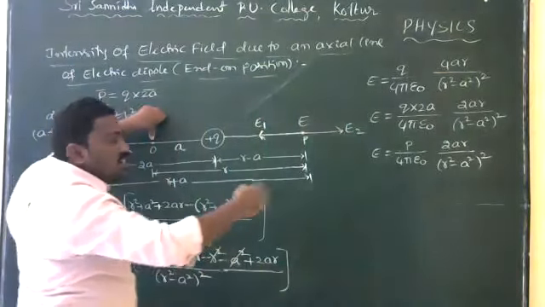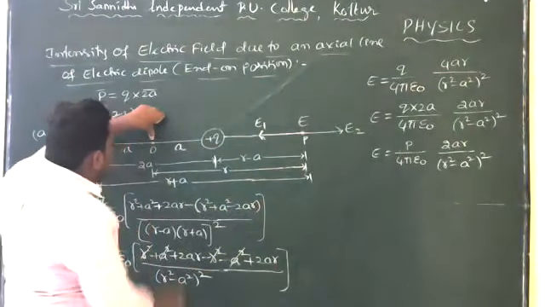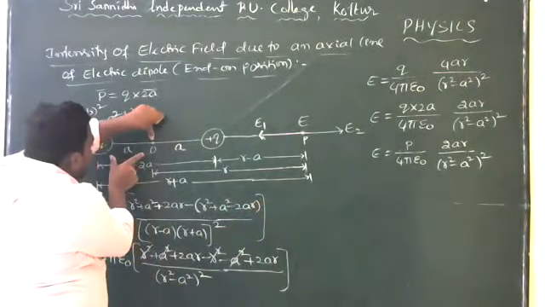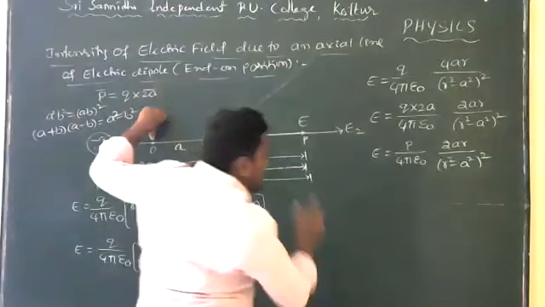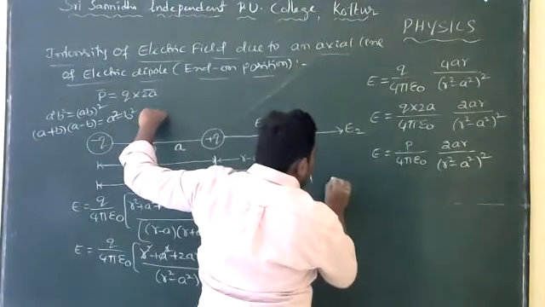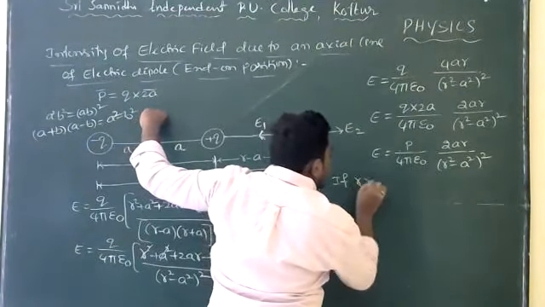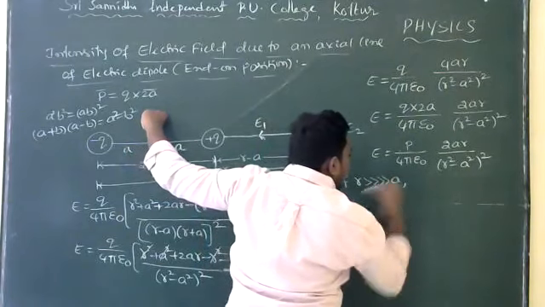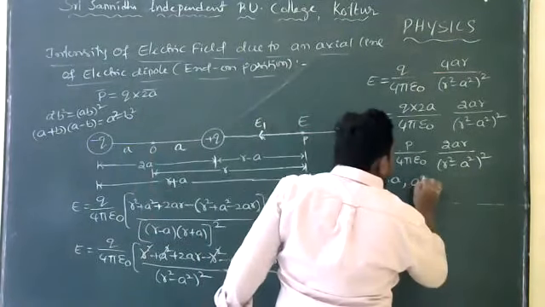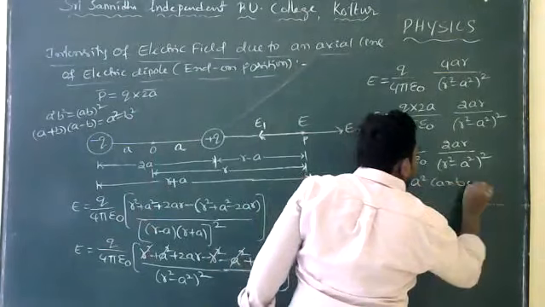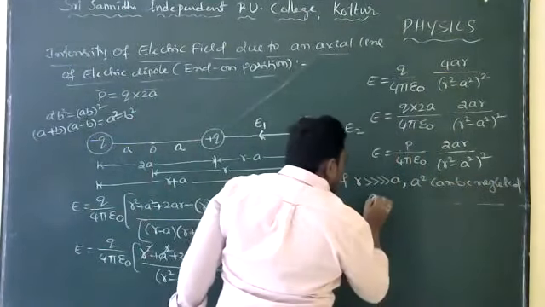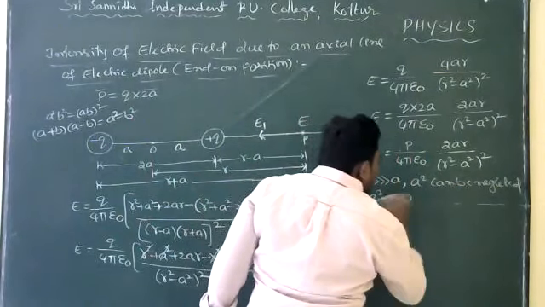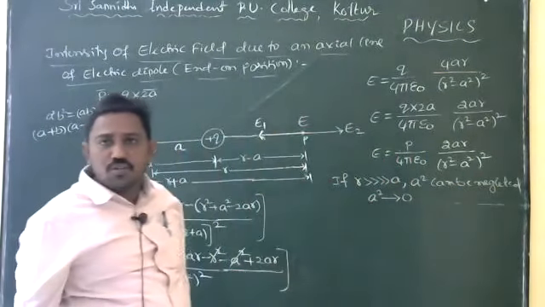So R is very much greater than A, because A is very small compared to R. Under this condition, R is very greater than A, therefore A² can be neglected. A² can be neglected means A² tends to 0.